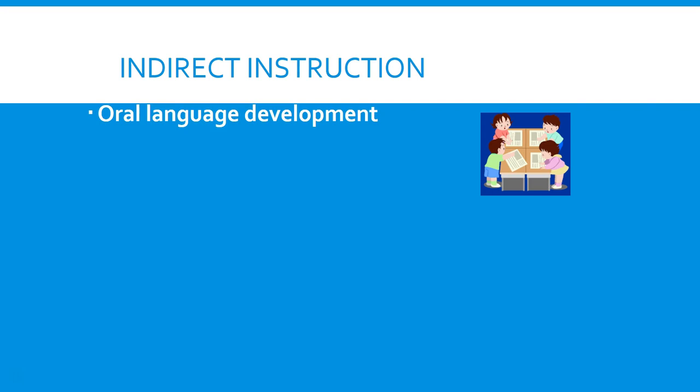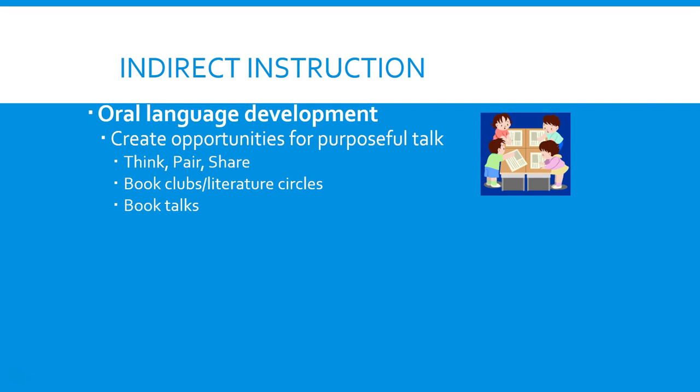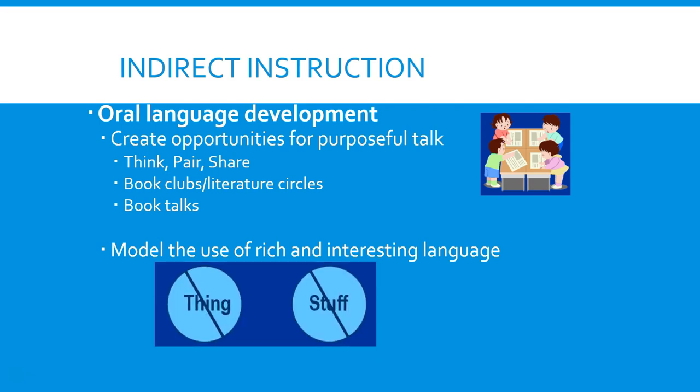Another way of indirect instruction is oral language development, which you probably talked a lot about in your 342 class. So just creating opportunities in your class for purposeful talk. So think pair share, book clubs, literature circles, having talks about books. As a teacher yourself, model the use of rich and interesting language.